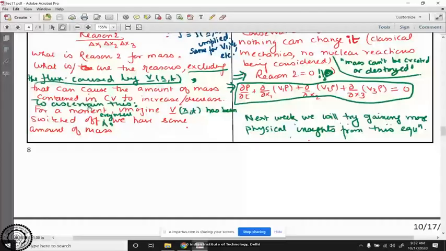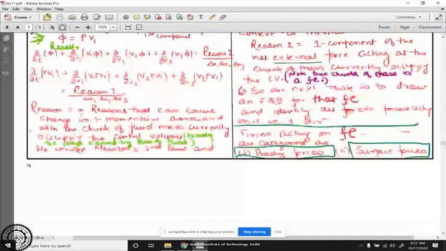And I hope that you will realize that the reason why momentum, one momentum for that matter, any component of the momentum of a chunk of mass can change, is actually forces, right? That's what Newton's second law tells us.